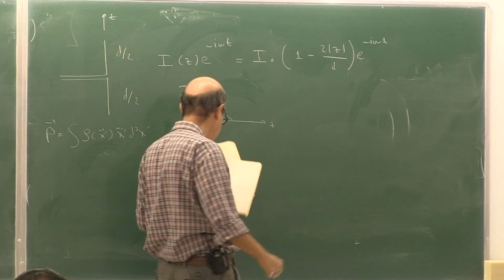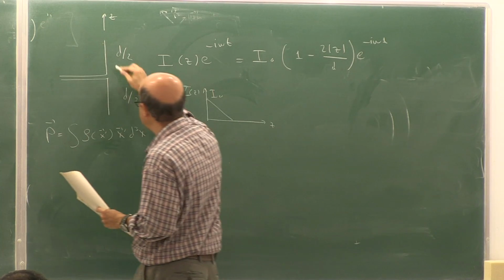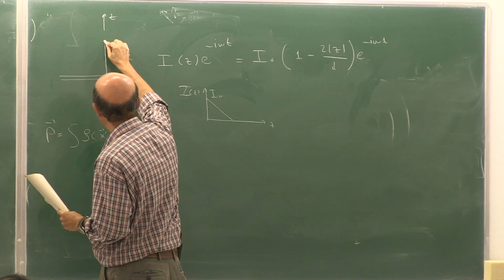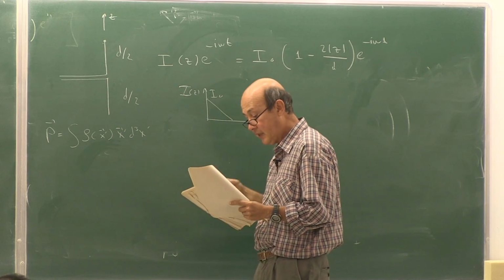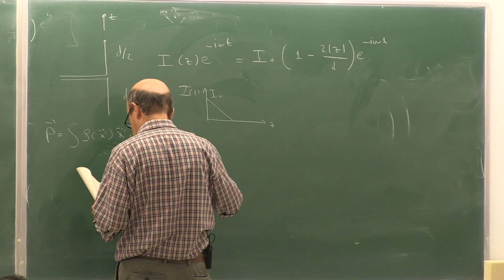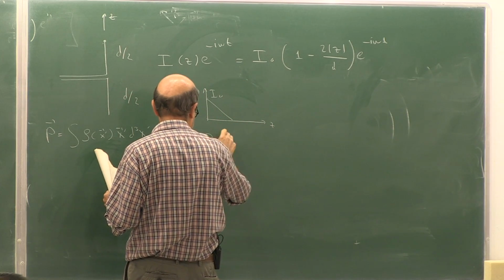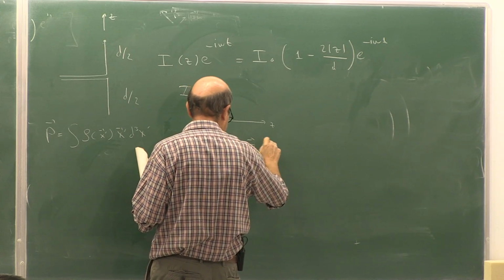What we have is the current. If you say that this is a very tiny antenna, with a very tiny cross section, you can calculate the charge density from the current using the continuity equation.